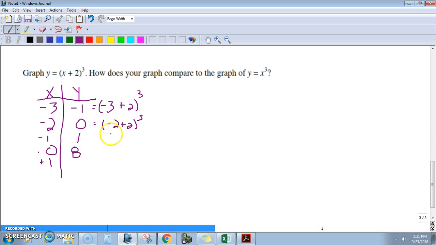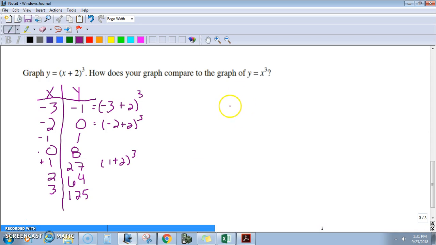Positive 1 is going to be 1 plus 2 cubed. Should be 27, I think. 3 times 3 times 3. And 2 would be 4 cubed, so 4 times 4 times 4 is 64. And we're getting pretty high. If I did do 3, that would actually be 5 cubed, which would be 125.